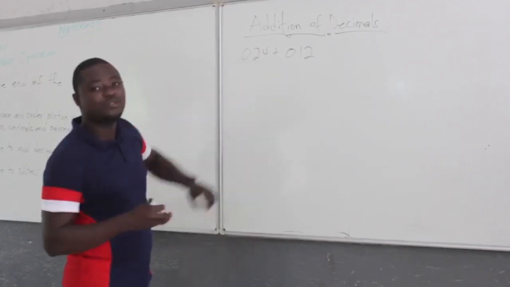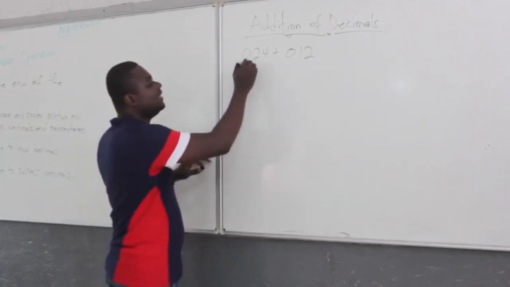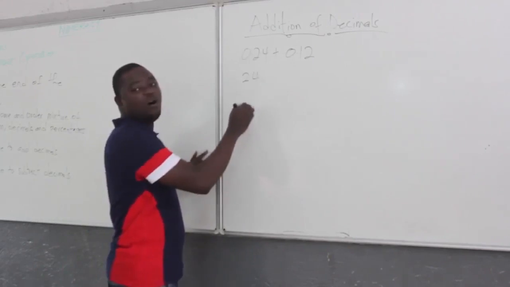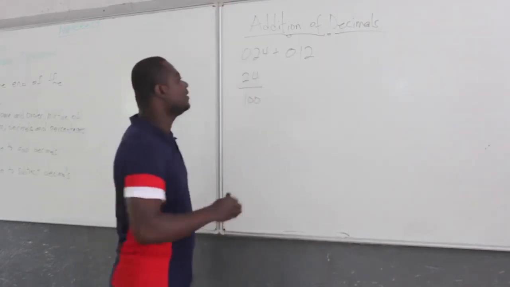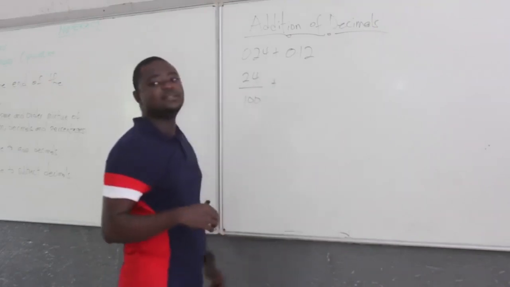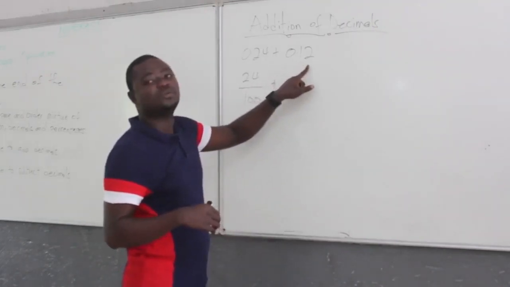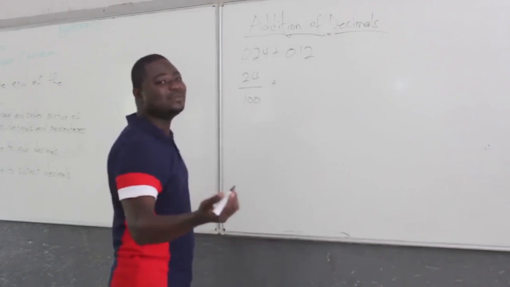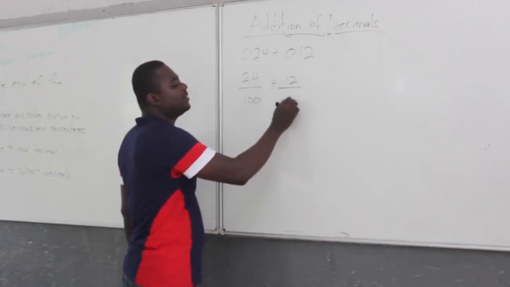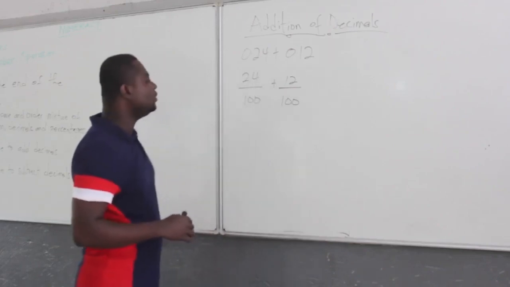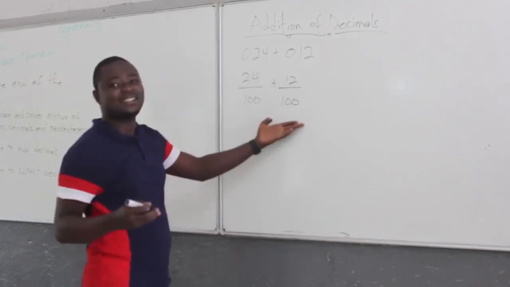So 0.24 as a decimal fraction is 24/100. Then with our addition sign, 0.12 as a decimal fraction is 12/100. Good. Addition of fractions.